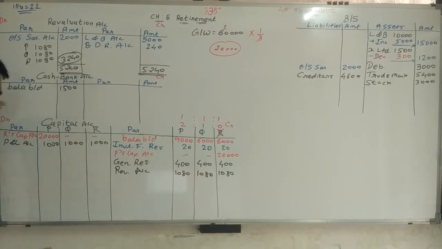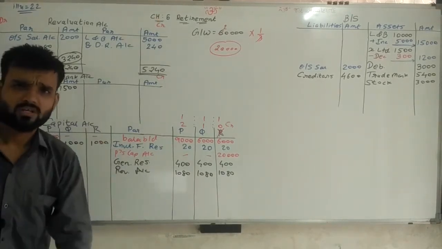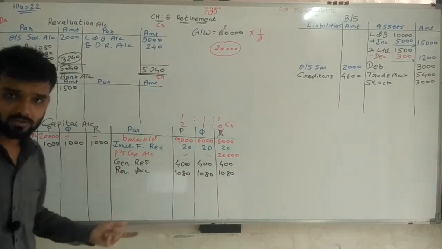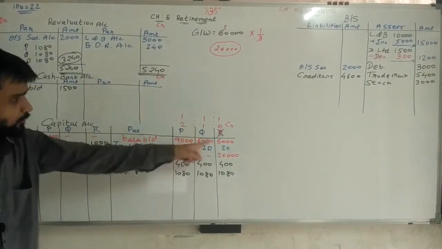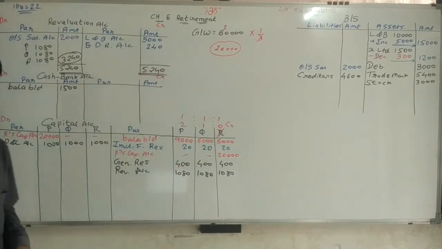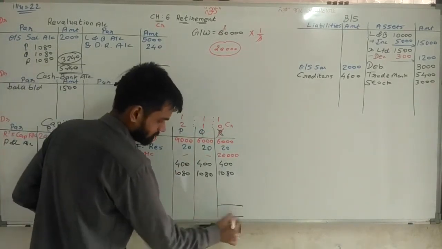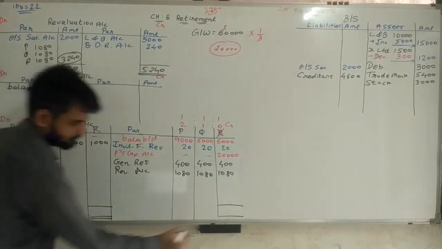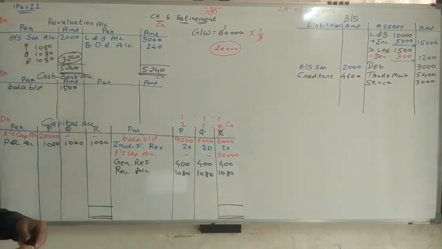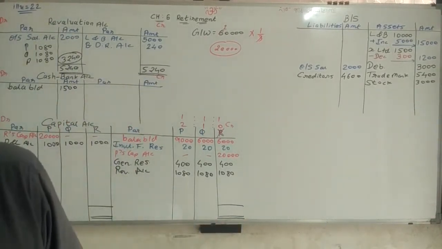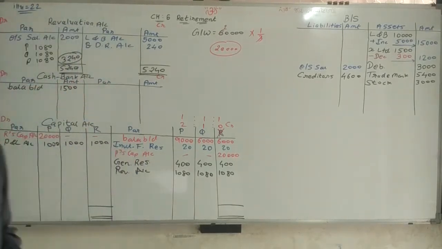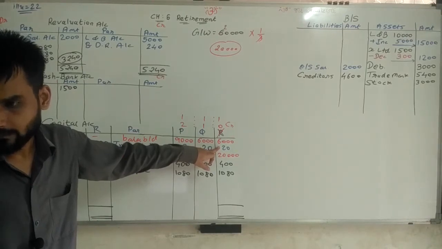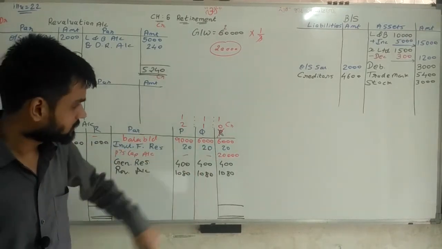We are not closing our cash and bank account yet, because the same amount brought by R is the entry that we don't know. So first of all we are closing R's account. How many rupees do we have to pay to R? Now closing R's account: 6,420, 2,000.